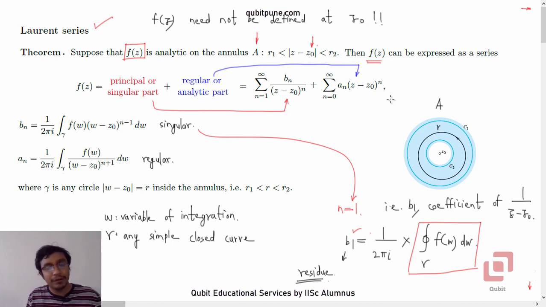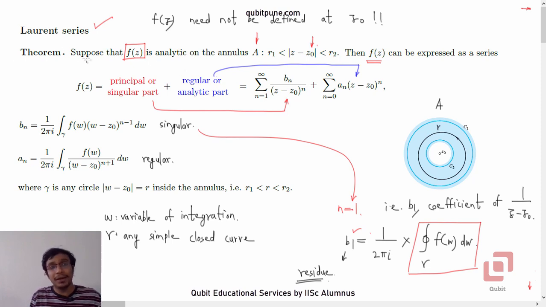Now this is something different from Taylor series. The first difference is in Taylor series we do not allow the negative integral powers, and the second thing is not only the function but also all of its derivatives should be defined at the center of the Taylor series. That is what the formula or the theorem says.